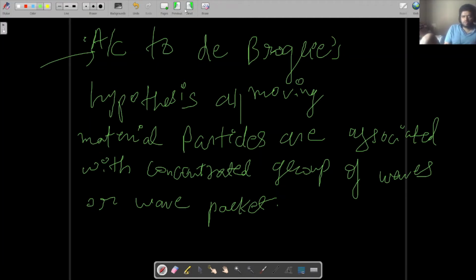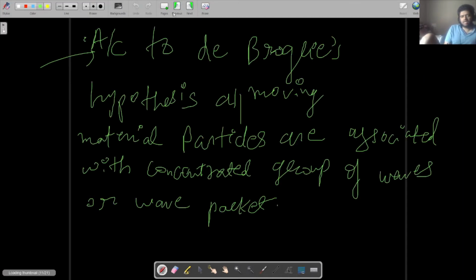So it wants to say that suppose this is my material particle, then it will have some wave associated with it. The particle has a wave associated with it, but this is a very abstract kind of wave, not a mechanical wave.